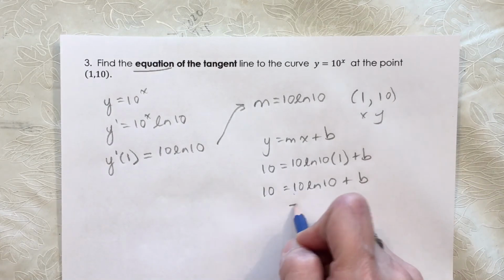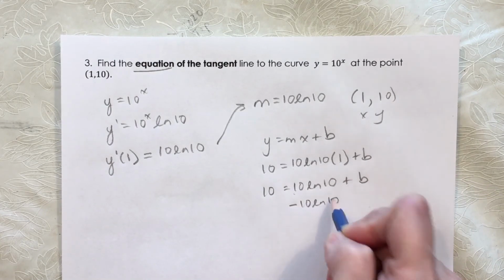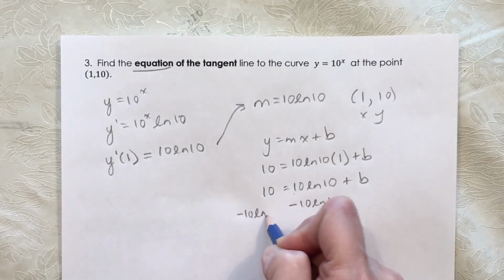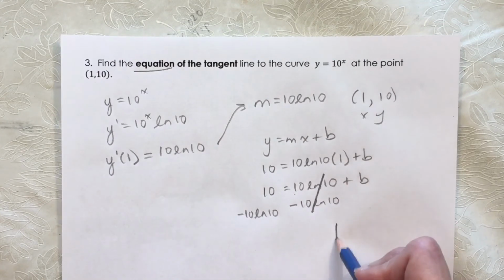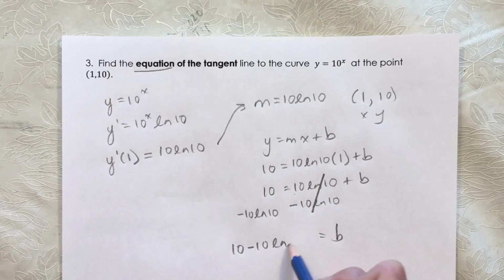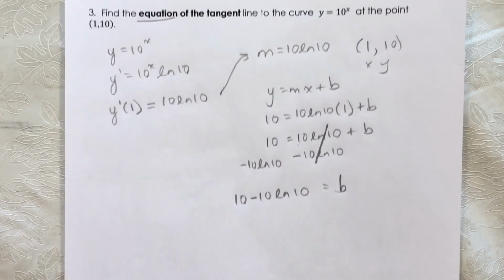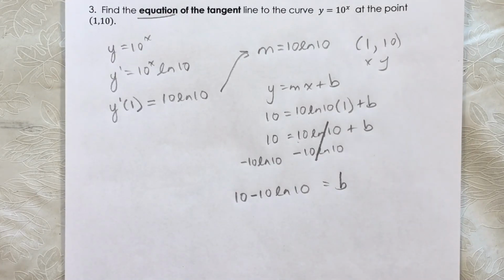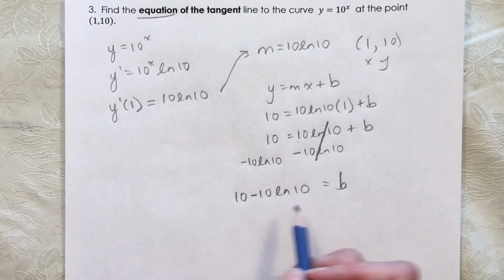So then we can subtract 10 ln 10 from both sides because it's just a number. So b is going to be this 10 minus 10 ln 10 number, which again we have to remind ourselves is a number. It doesn't look pretty, but it's a number.